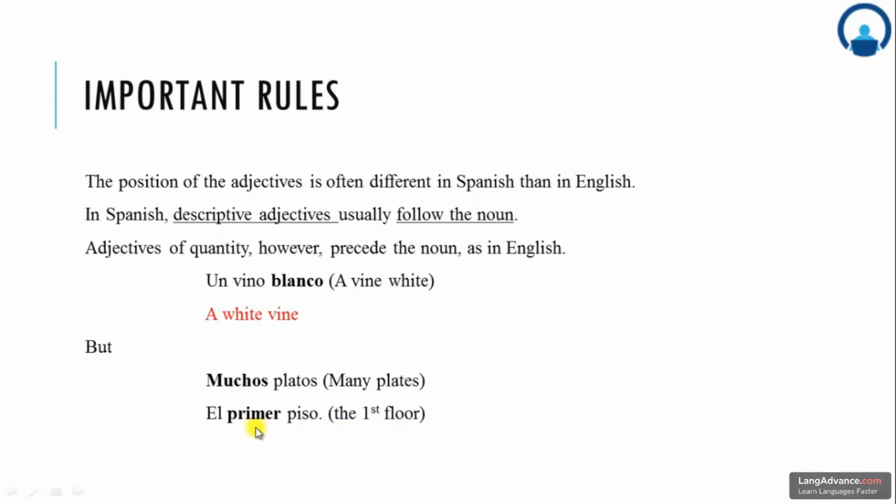Again, this adjective is before the noun and not after the noun, which is the rule for descriptive adjectives. That's because in the example un vino blanco, blanco is a descriptive adjective, whereas muchos or primer are quantitative adjectives. And this rule of the descriptive adjective coming after the noun is only followed where it is a descriptive adjective, not for any other quantitative adjective.